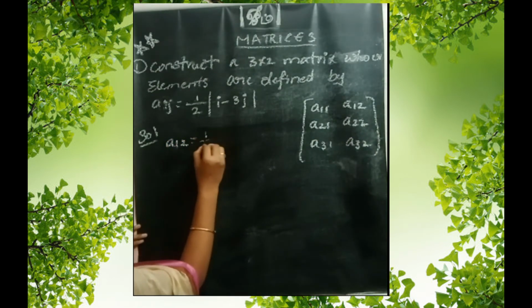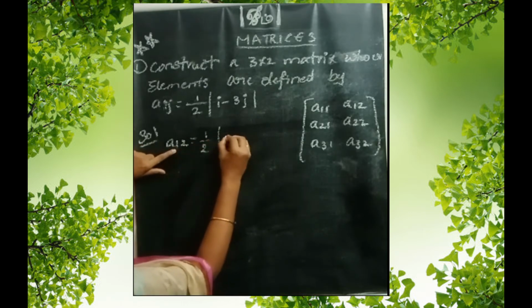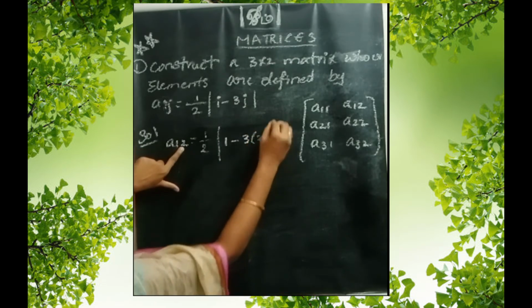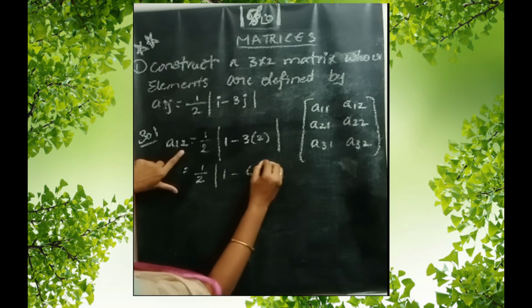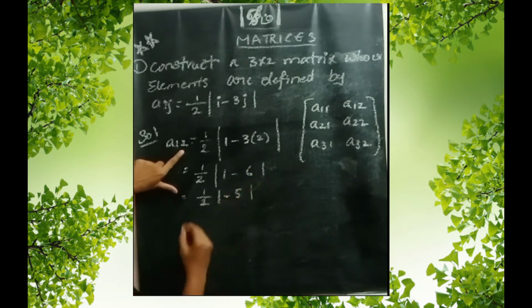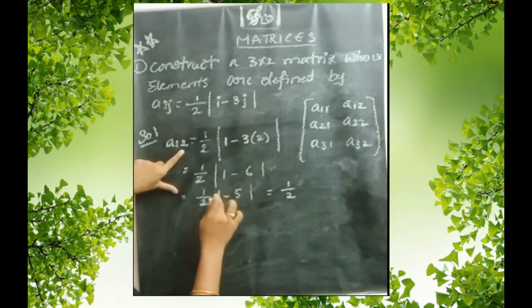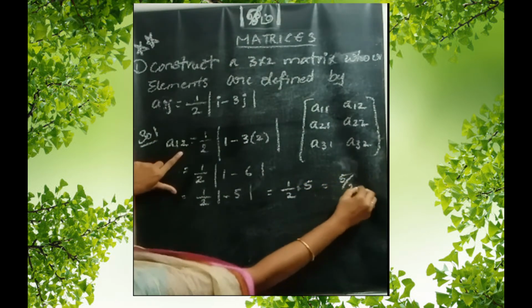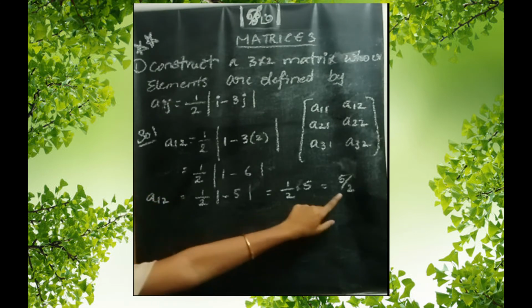A12 equals 1 by 2 mod of 1 minus 3 times 2, 1 in the place of i and 2 in the place of j. So 1 by 2, 1 minus 6, which is minus 5. The mod removes the minus, so 5. That means 5 by 2. The value of A12 is 5 by 2.